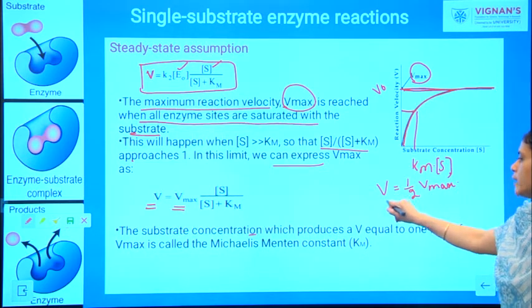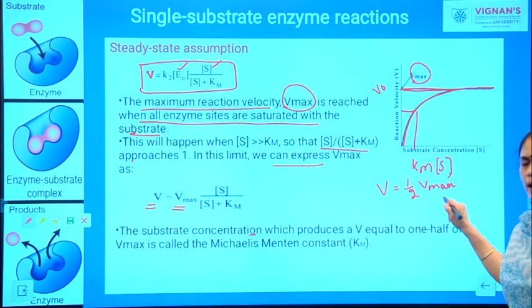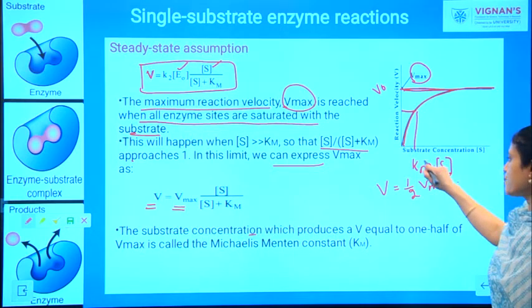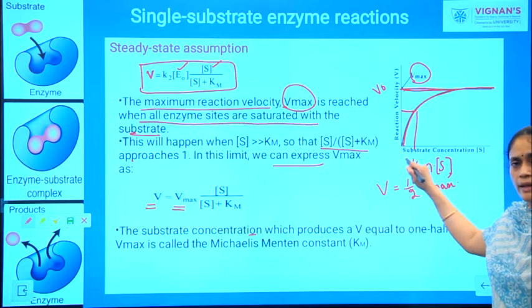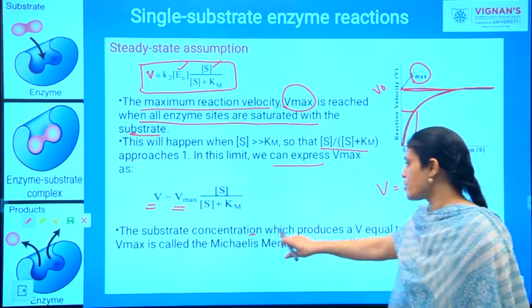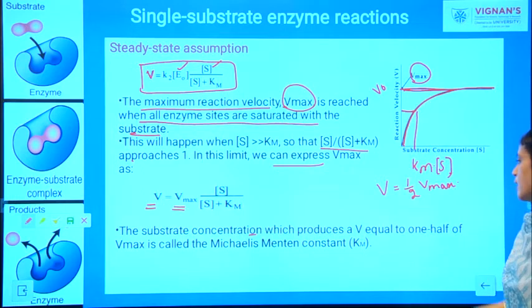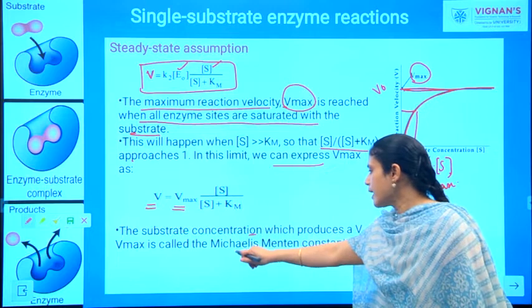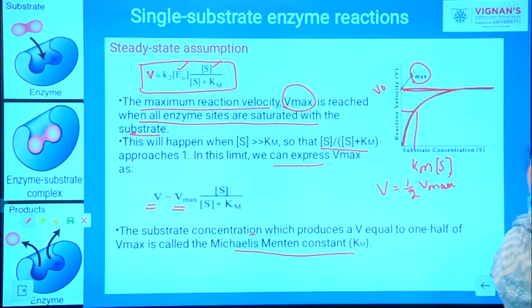So at the point where the velocity is half Vmax, the substrate concentration S will be equal to Km. So the substrate concentration which produces a velocity equal to half of Vmax is called the Michaelis-Menten constant, which is designated as Km.